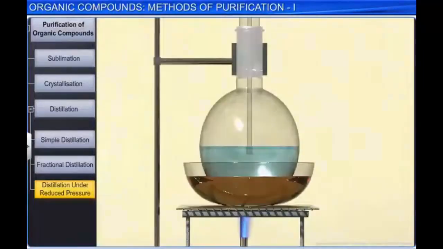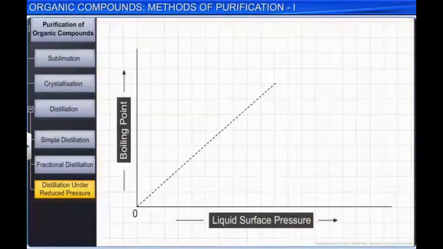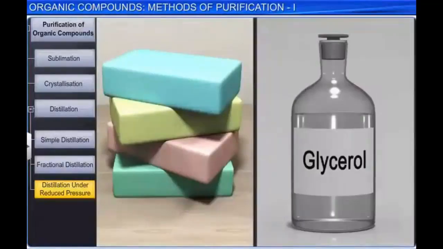As we know, a liquid starts to boil when its vapor pressure becomes equal to the external pressure. Thus, reducing the pressure on the liquid surface reduces the boiling point of the liquid. In soap industries, glycerol is separated from spent lye using this method.